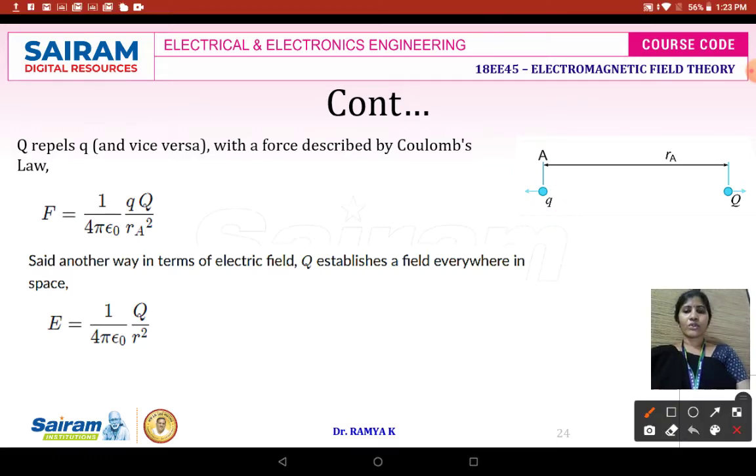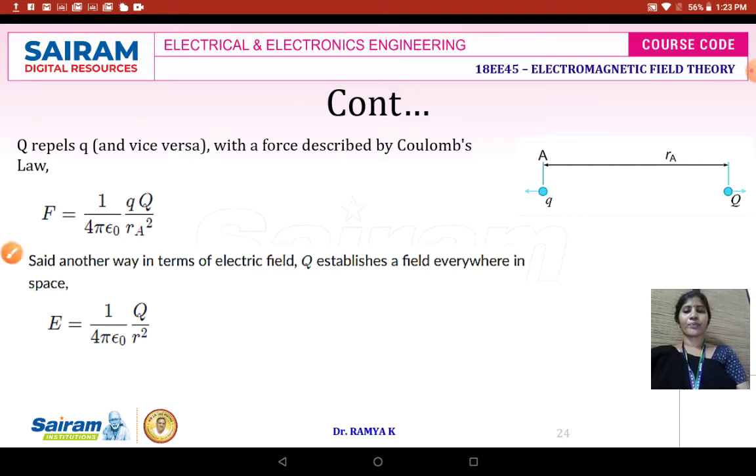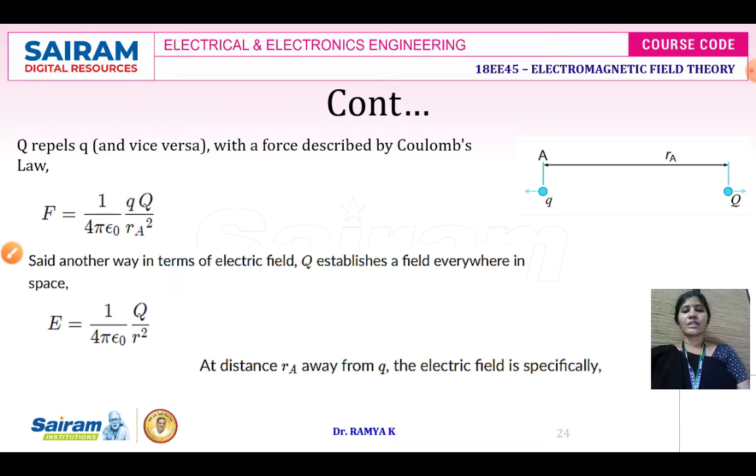Therefore, the force acting on this unit positive test charge will experience an electric field intensity, which we can write as Q divided by 4 pi epsilon RA square. At distance RA away from Q, the electric field is specifically written as E is equal to 1 divided by 4 pi epsilon, Q divided by RA square.